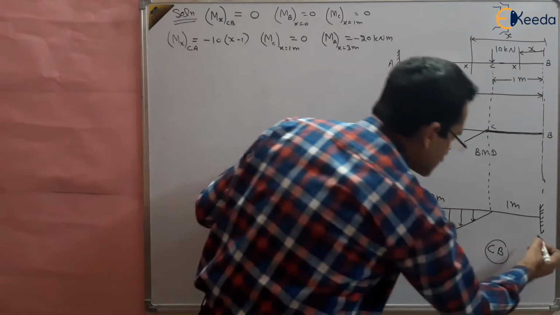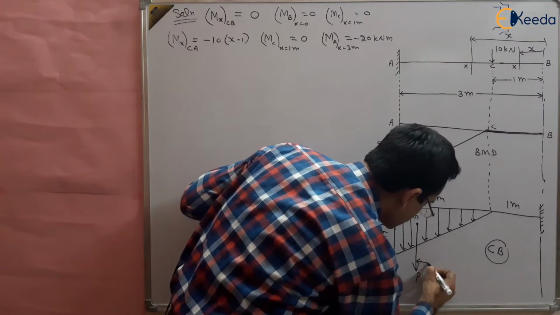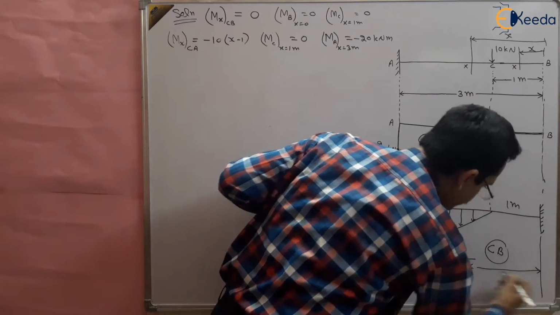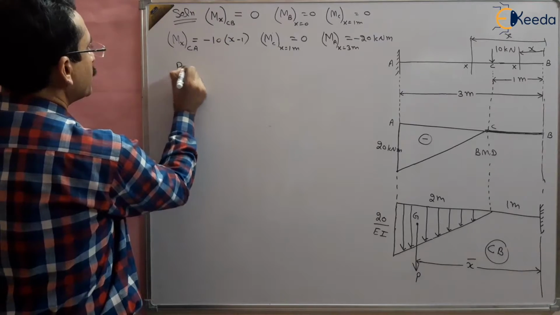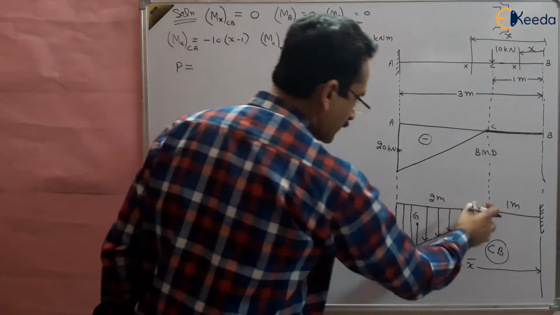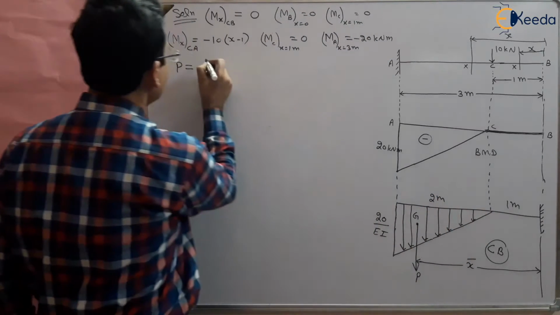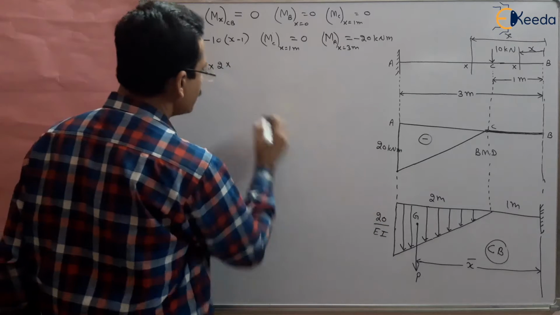And what is this distance? Suppose x bar. And what is this load? The load P of the conjugate beam will be equal to the area of this triangle, that is half multiplied by base multiplied by height, 20 by EI.